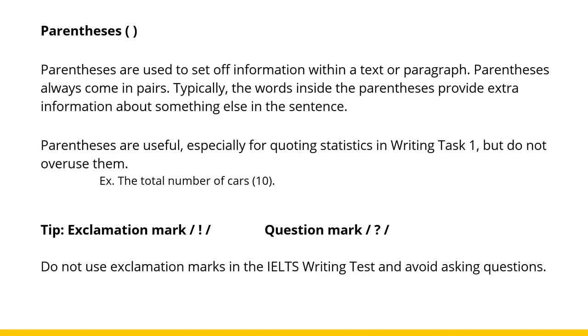So here we have an example of how to use parentheses, and I'm going to read it for you. The total number of cars (10). As you see, we have the number 10 inside of parentheses, and this is the total number. If you have a sentence where you forgot to include the numbers, you can put the numbers at the end of your sentence, but don't forget to put a period after your parentheses mark.